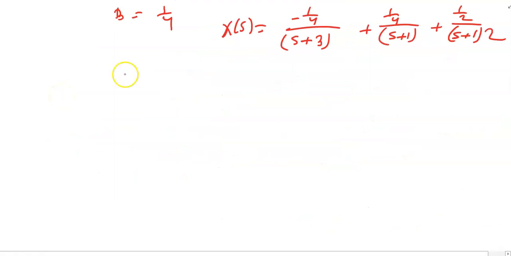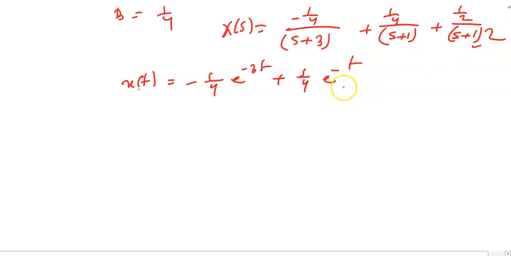So you can easily find out the inverse Laplace transform, that is your time domain function: minus 1 upon 4 e raised to the power minus 3t plus 1 upon 4 e raised to the power minus t, and you know this one is t e to the power minus t, so half t e to the power minus t, for t greater or equal to 0.